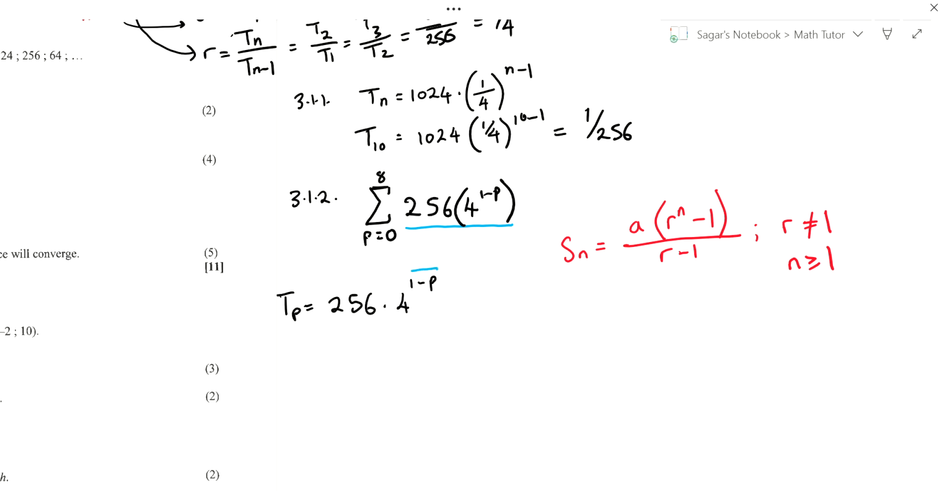Now the exponent can be rewritten as minus 1 open brackets p minus 1, and that is the exact same thing. So we're just trying to approach standard form.